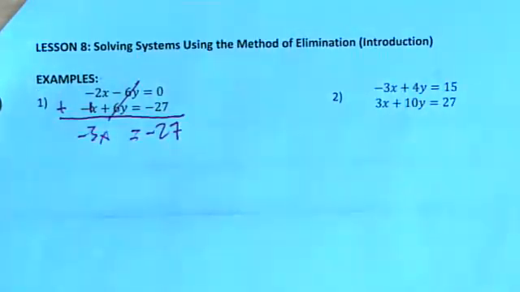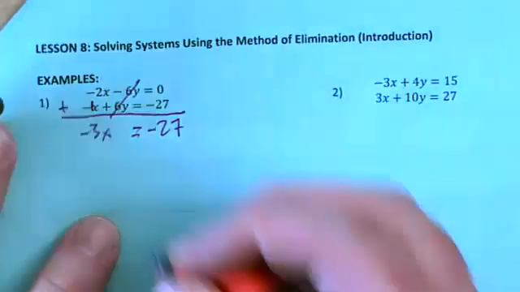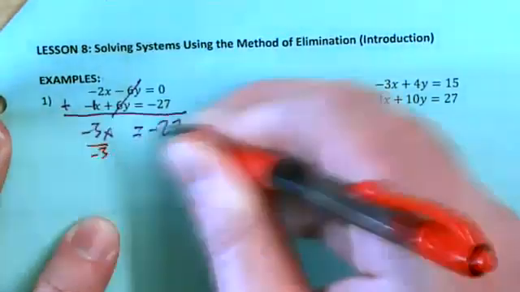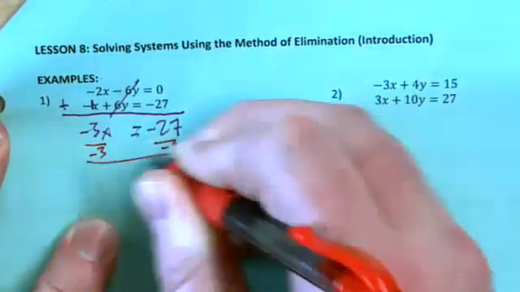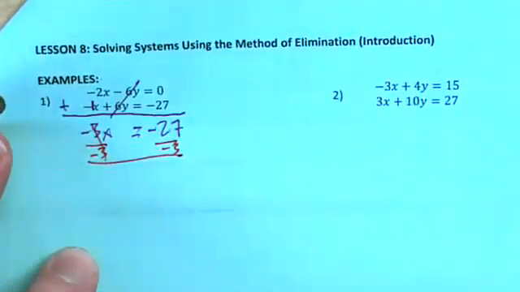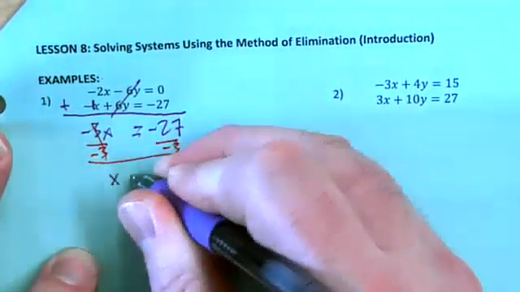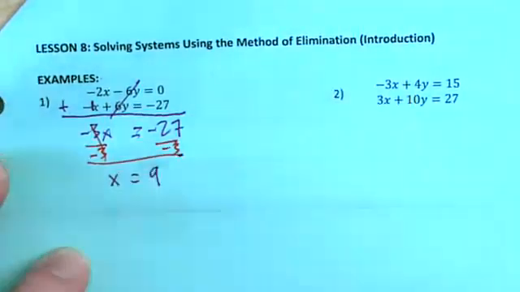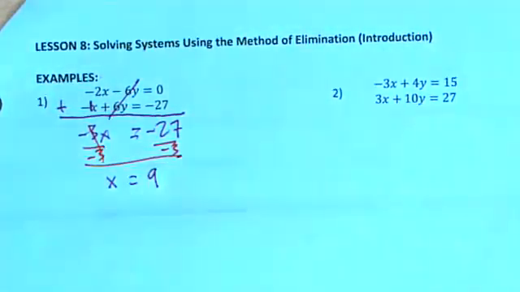Do you think you'd be able to solve that equation, figure out what x is? Do it. You got this. Negative 3 is multiplying by the x, so I'm going to divide to get rid of it. Did I do that right, or should it be negative 9?